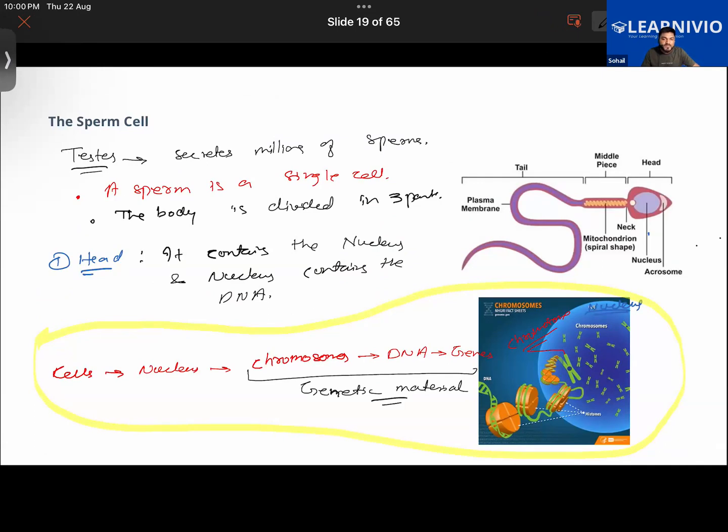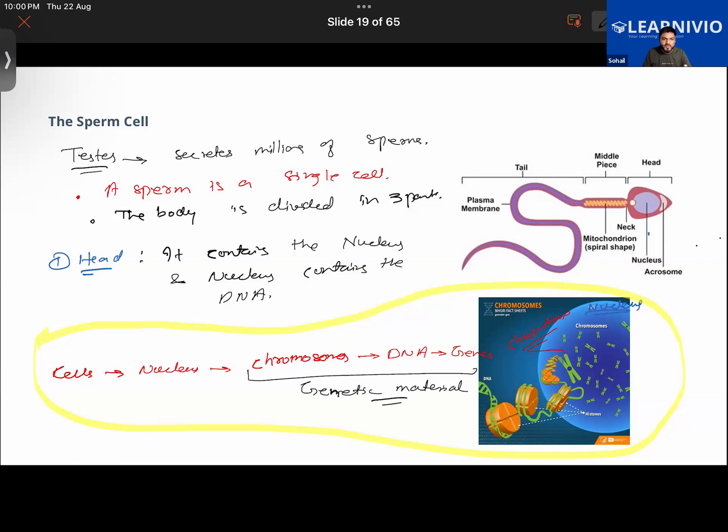Sir, my ma'am told that millions of sperm go towards the ovum, but only 2 sperm will reach the ovum. What about the rest of the millions? Out of the millions of sperm cells produced by the testis, only one or in some cases two of them will be able to fertilize the ovum.